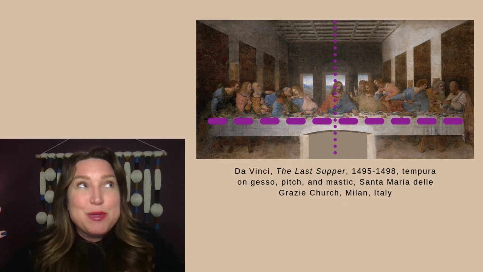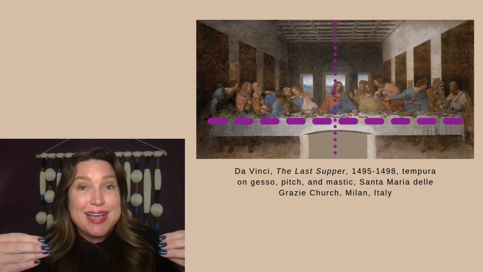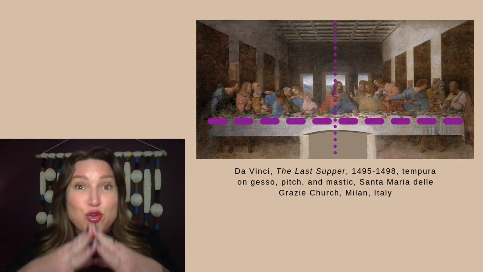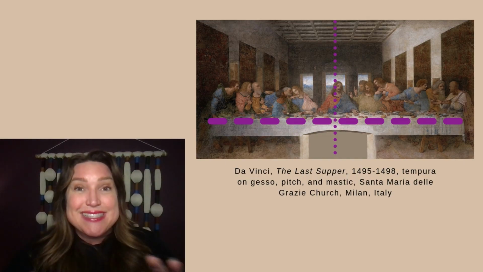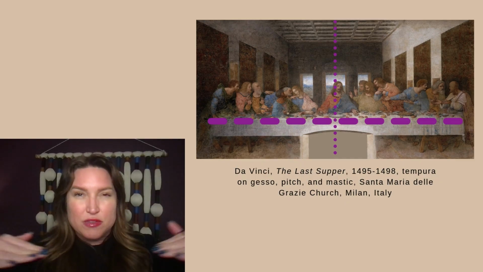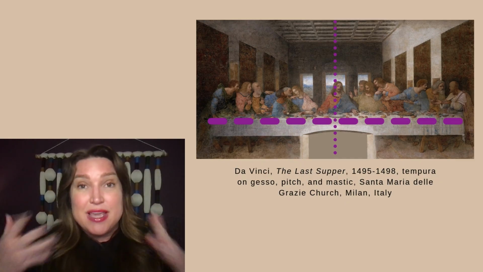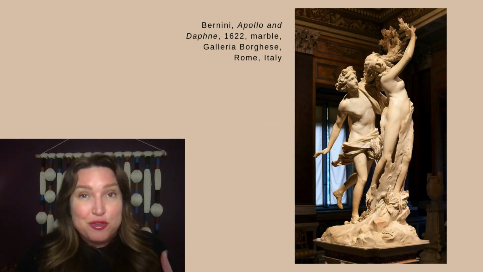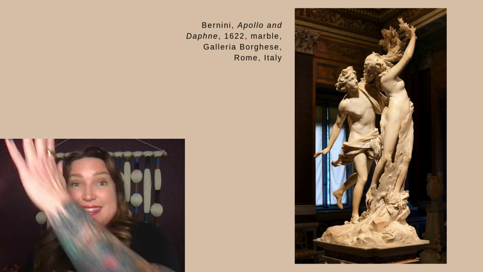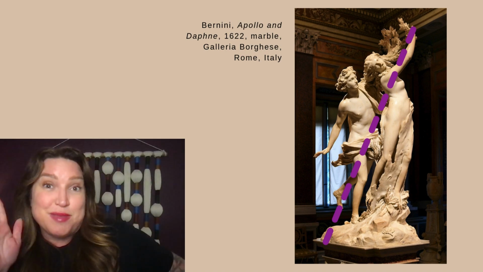And that symbolizes how, in the context of this painting, The Last Supper, God or Christ, who's in the middle, is the stabilizing force in the world, just like this strong horizontal line creates this solid, stable image. In contrast, let's go back to our Bernini sculpture. These diagonal lines create dynamism and drama and movement.